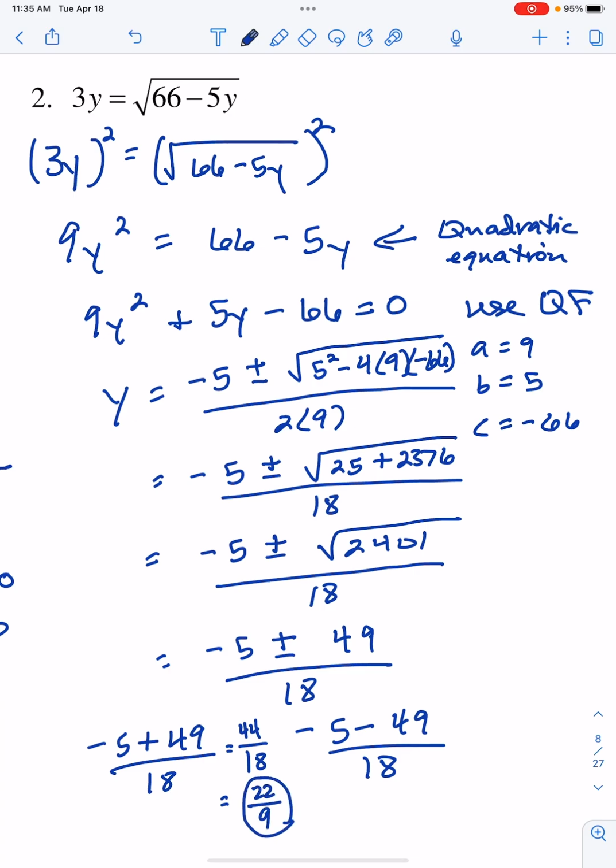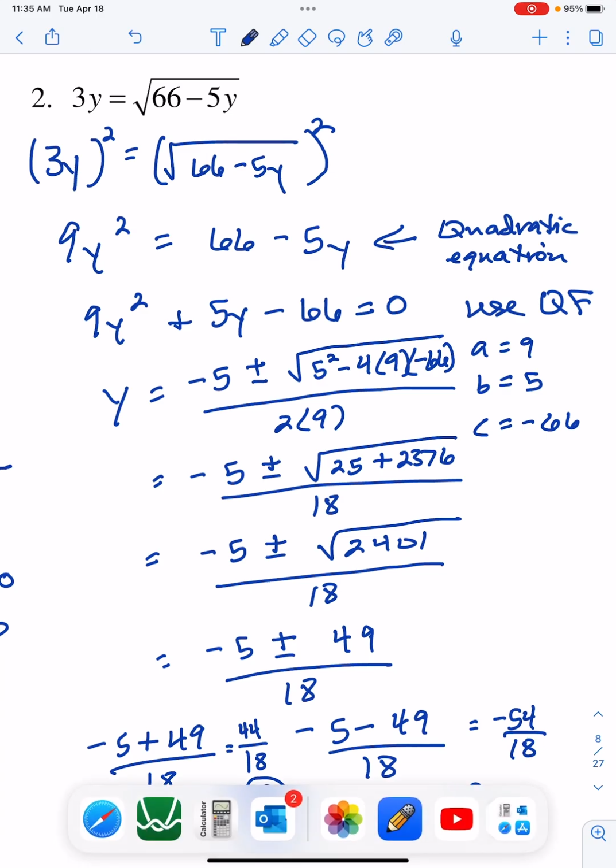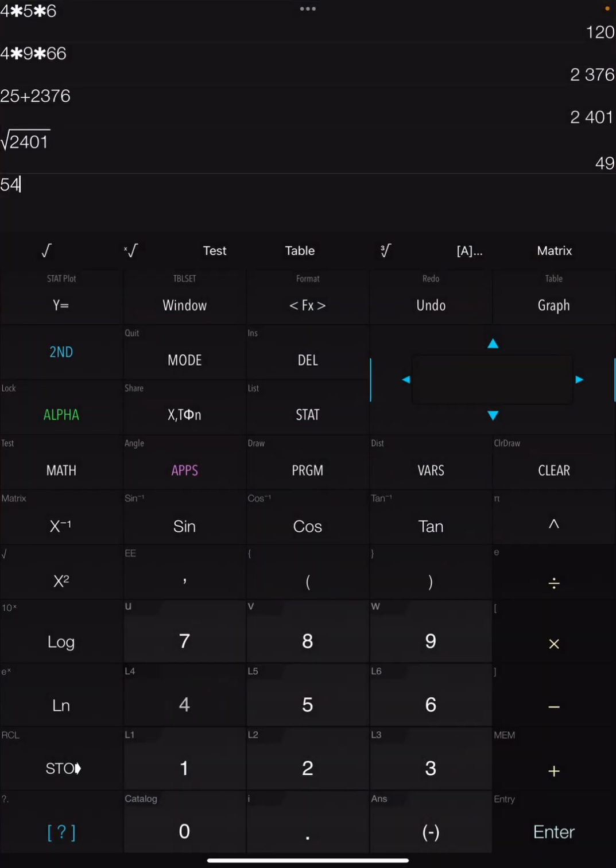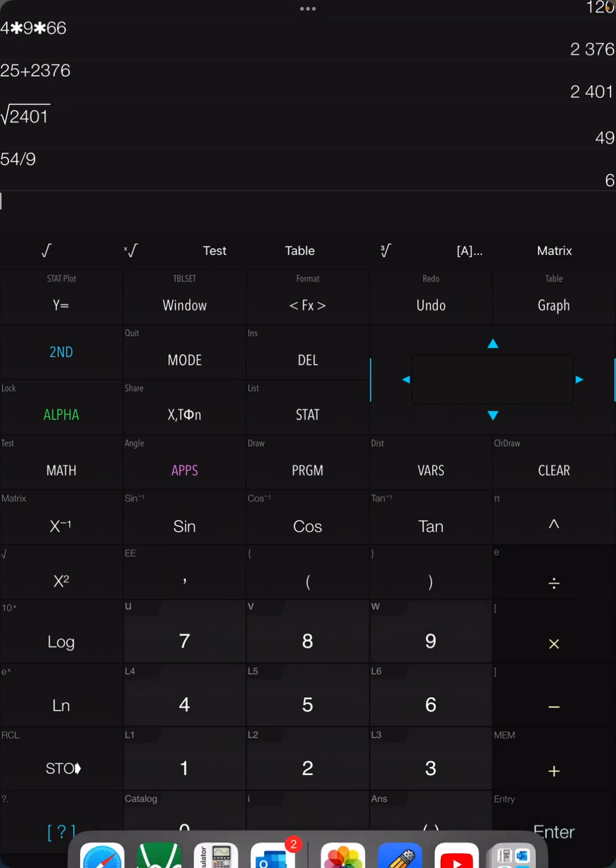There's one answer. This one is going to be negative 54 over 18, which I'm going to reduce by 9, right? 54 divided by 9 is 6.